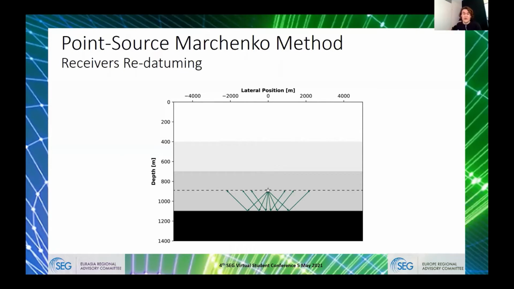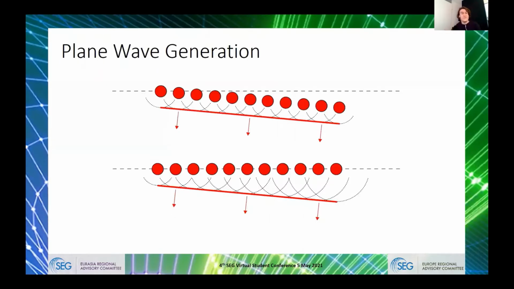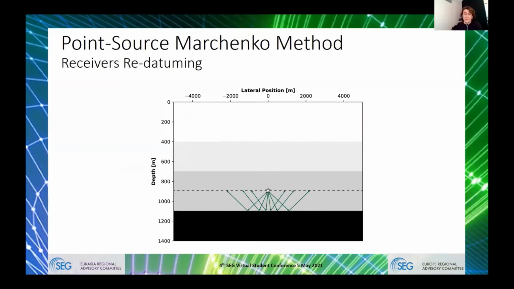And so you no longer have to deal with these annoying internal multiples that I showed you at the start of this presentation. And now where do these plane waves come in? Well, one drawback of this is that for every focusing point, you would have to individually calculate your response, apply the Marchenko method, and it's actually quite computationally expensive.